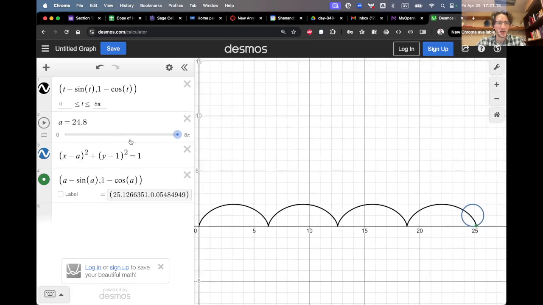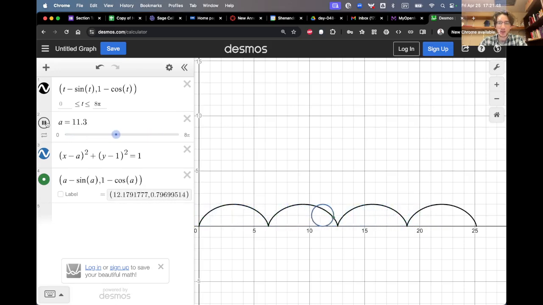Okay, so if I want this to go longer, I can, but let me go back to the beginning. Here's what this looks like. The green dot is our bug, the blue circle is our wheel, and we can see that the path being traced out by the green dot is in fact the cycloid, the path that we wrote down the parametric equations for.